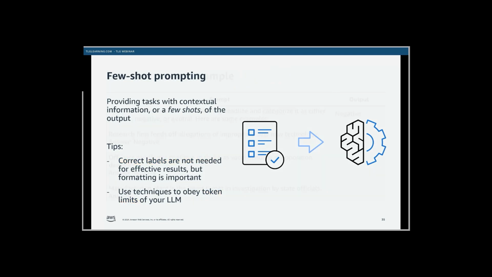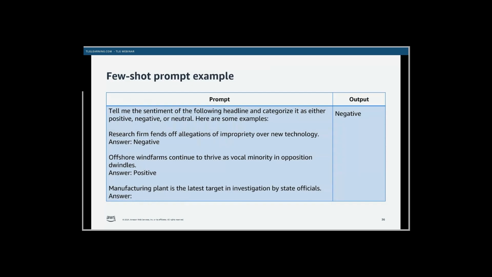So an example of few shot prompting could look like this. Again, with our sentiment approach, we're looking for the sentiment of the following headline, categorize it as positive, negative, or neutral, and then we list a few examples. Here are some examples, telling the AI what follows are some examples. So you have a couple of examples of negative or positive. This is what we're referring to as the label. This doesn't have to be accurate or correct.